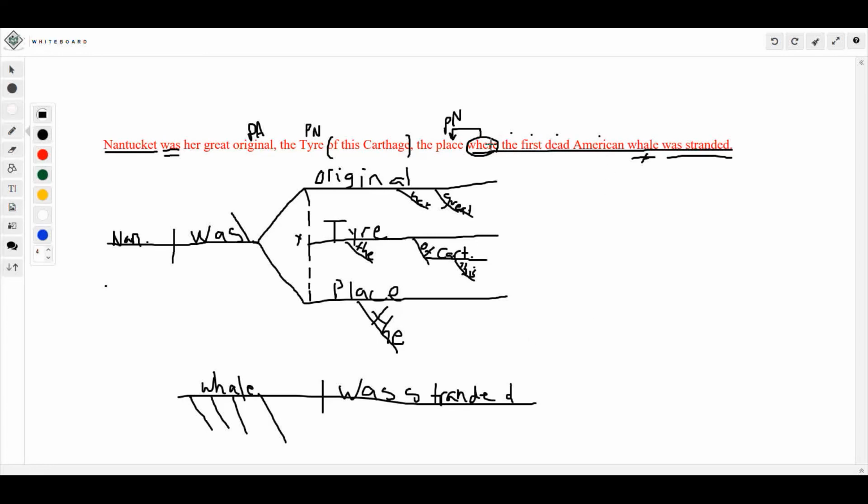So where does go with place, so we have to make sure that where is connected to that. But because it's adverbial, it's going to go with the verb was stranded, and then where just tells about where it was stranded. Now, there you go. All right.